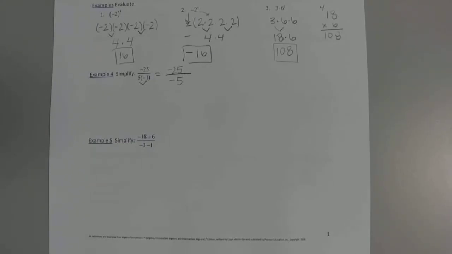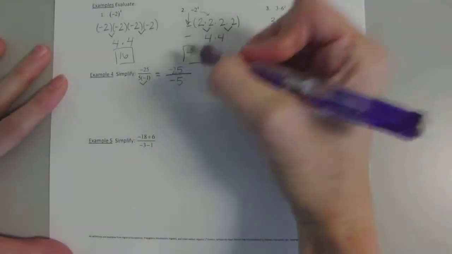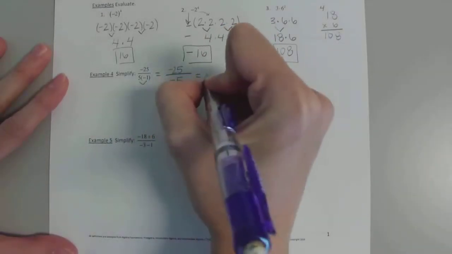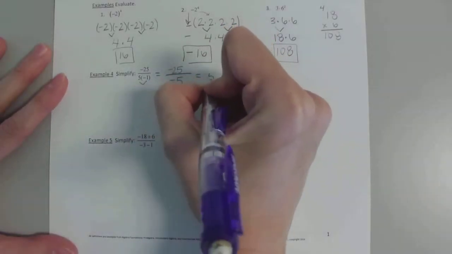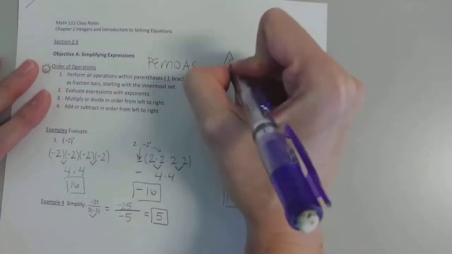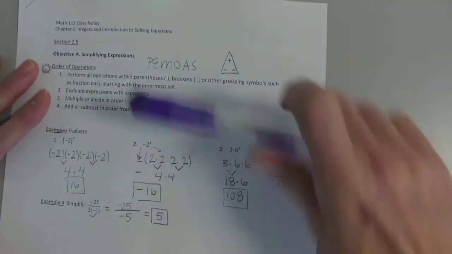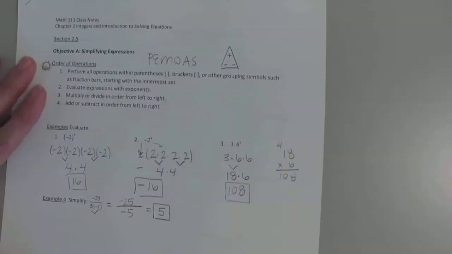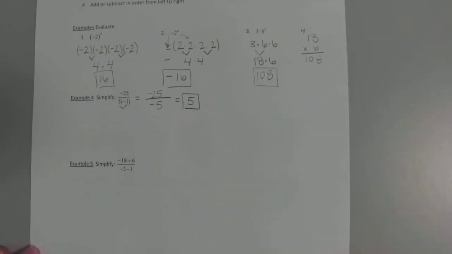Once you get a single number on top and a single number on the bottom, just do the division. What's a negative times a negative divided by a negative? Positive, and what's 25 divided by 5? 5. Remember that little triangle we did? Plus, minus, minus. A negative divided by a negative is a plus. A negative divided by a positive is a negative, if you need to remember that.